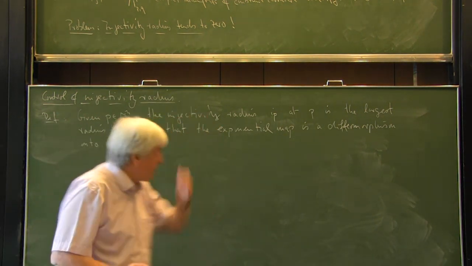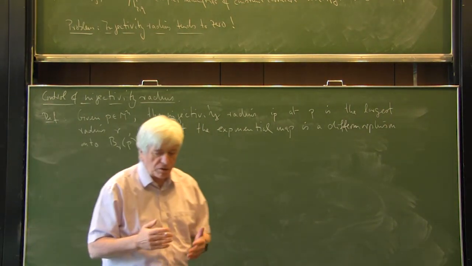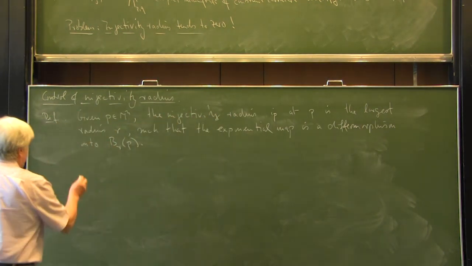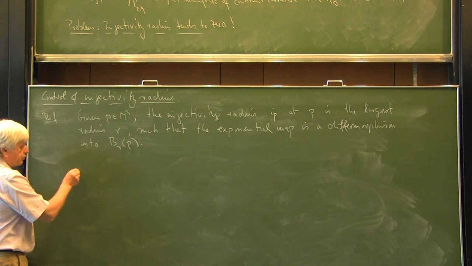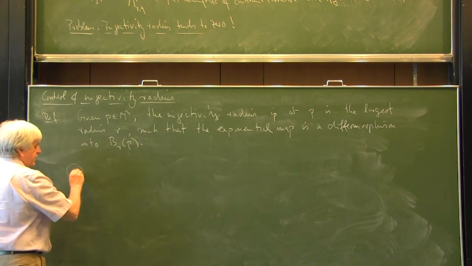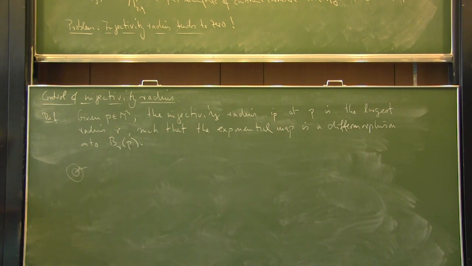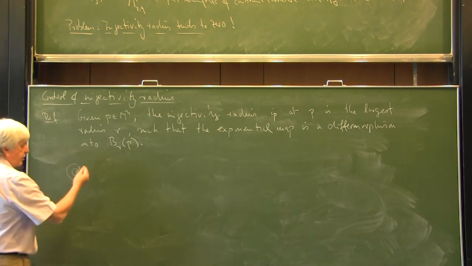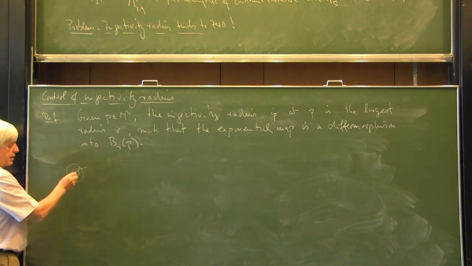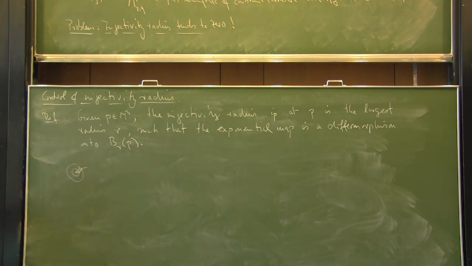So now how could the exponential map go wrong? Well, the exponential map around a point is creating these spheres such that the geodesics are orthogonal to these spheres of radius r from this point P. Now, the only way the exponential map can become no longer a diffeomorphism is that another geodesic reaches this point here.